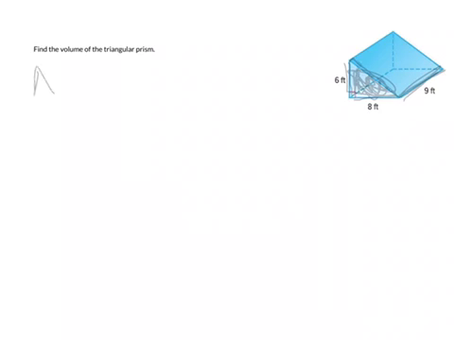But some of us may have forgotten how to find the area of a triangle, and that's okay. That's why we're doing this. The formula for area is 1/2 times the base of the triangle times the height of the triangle.